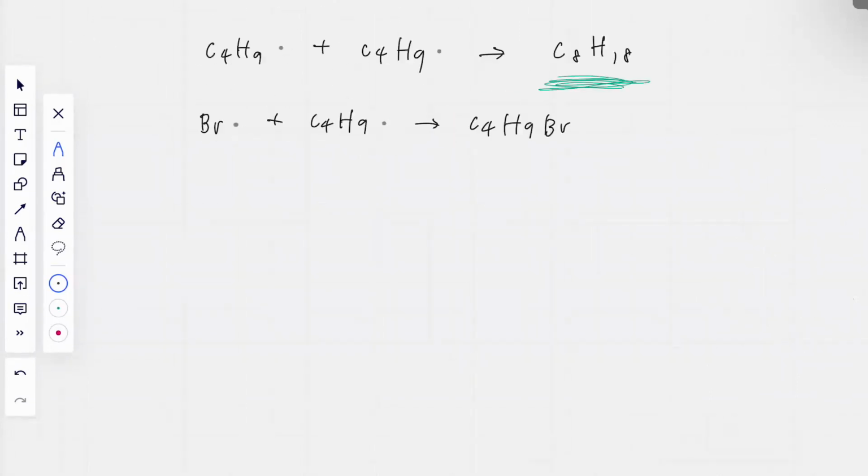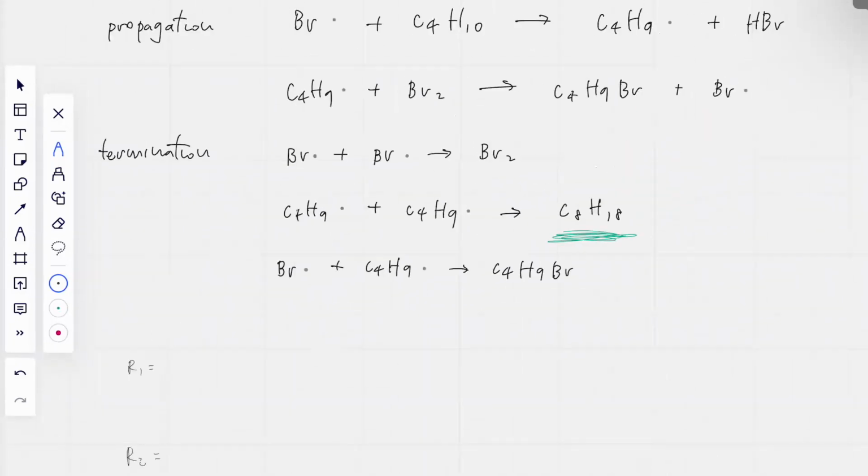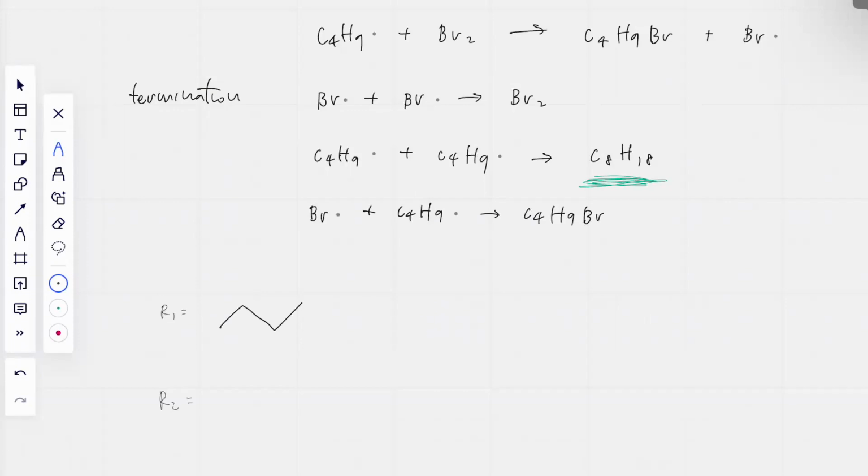Okay, try and draw the radicals. How many possible radicals are there? Yeah, for hydrogen, right?